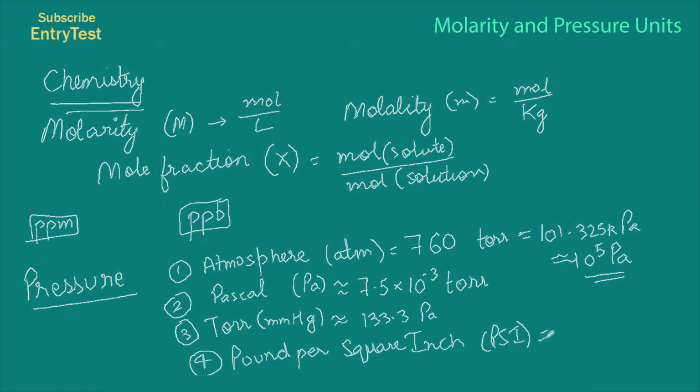So the value of PSI is almost equal to 51.7 torr. In other words, almost equal to 6.894 kilopascals. So that is the relationship between all of these.